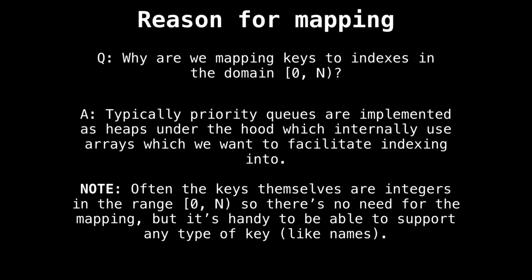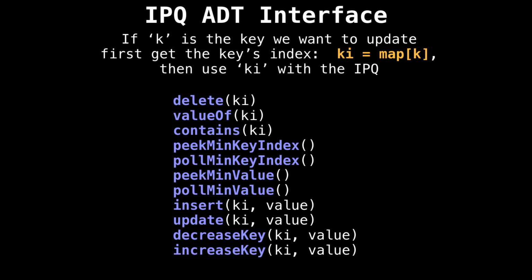We can think of an index priority queue as an abstract data type with certain operations we want it to support. Here are about a dozen or so operations we want our index priority queue to support. These are deleting keys, getting the value associated with a key, checking if a key exists in the priority queue, getting the key index with the smallest value, getting the smallest value in the index priority queue, being able to insert and update key value pairs, and finally, the specialized update operations increase and decrease key, which I'll talk about at the end.